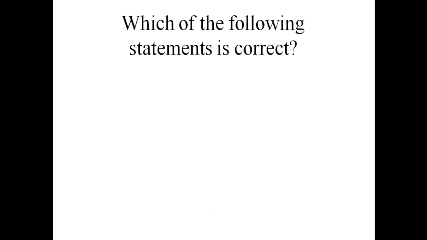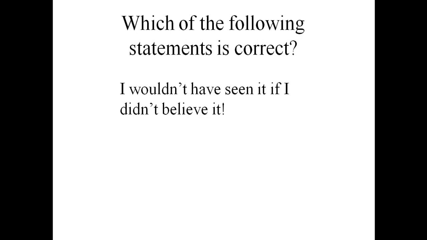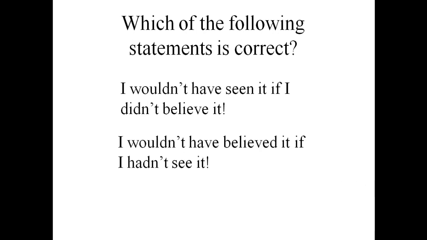All right? Now, as we look scientifically, that's the important part in terms of my question here, which of the following statements is correct, which we want to look at from a scientific standpoint. So I wouldn't have seen it if I didn't believe it, or I wouldn't have believed it if I hadn't seen it. Here's the important thing.